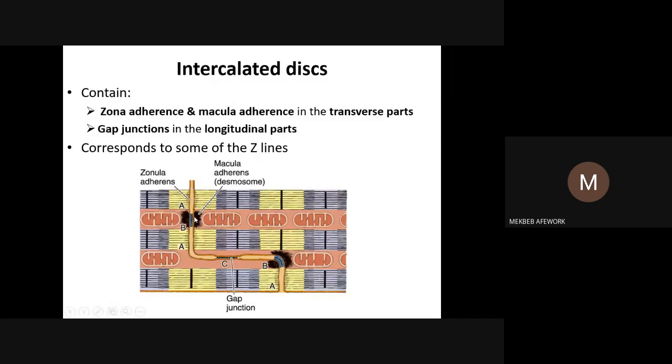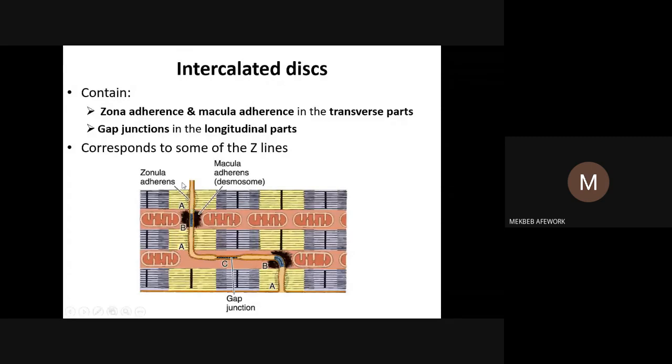Look at this. This is a region of the I band, and in that region, it correlates with the Z disc. In such transverse limbs, the intercalated disc has zonula adherens, intermediate junction, as well as desmosome.